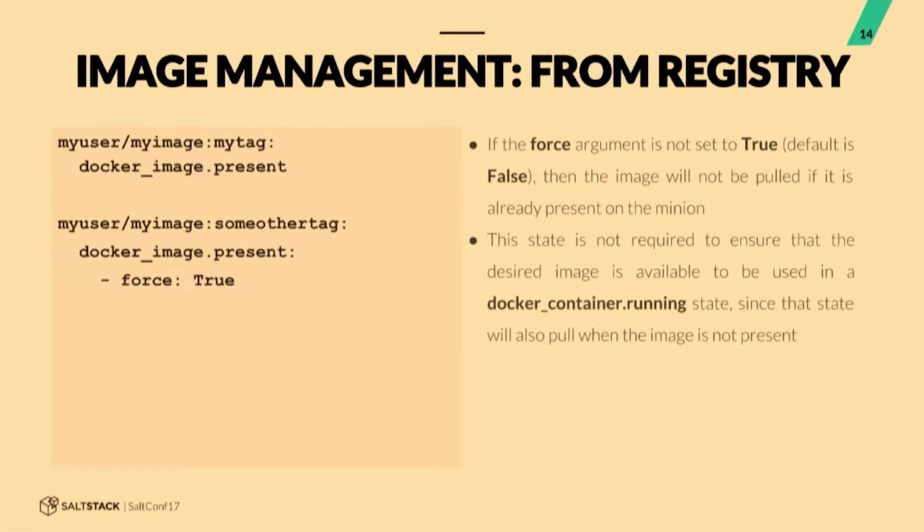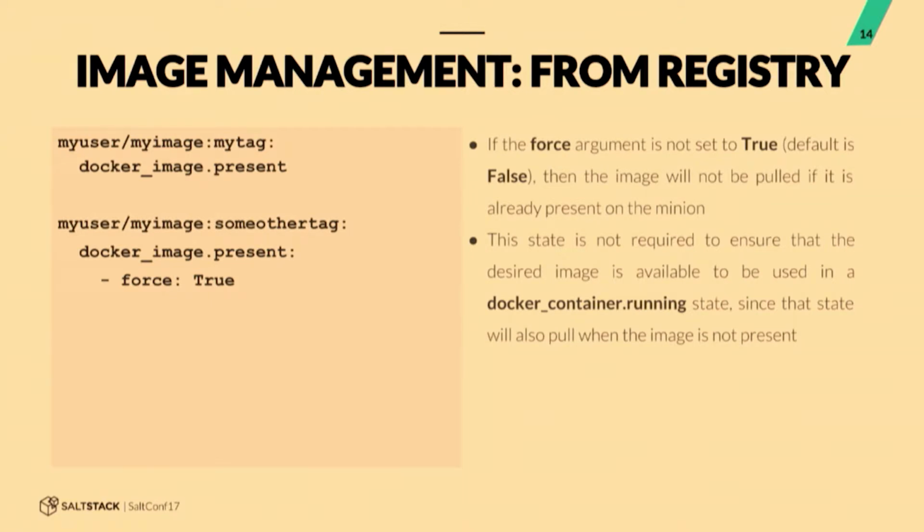So here's an example of the SLS for making sure that an image is pulled from a registry. As I mentioned just a minute ago, the image will not be pulled if it's already present, and it's important to note that if you're using docker_container.running, it'll actually pull the image if it doesn't exist.